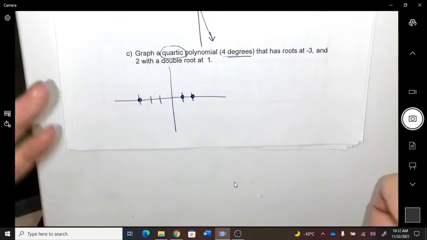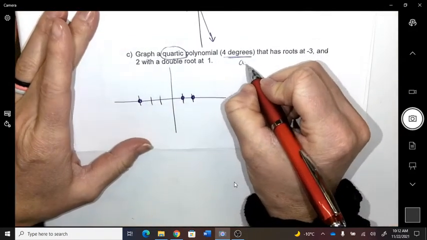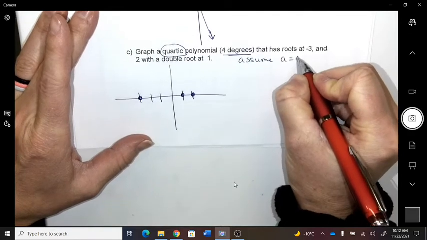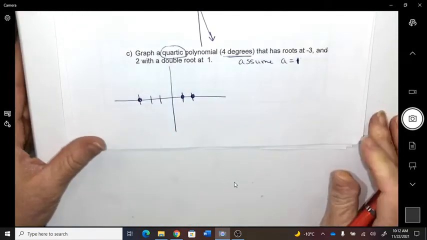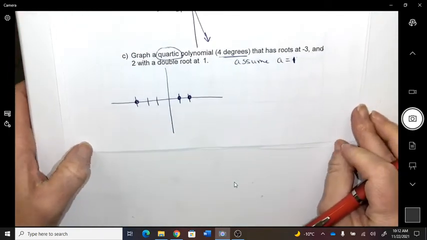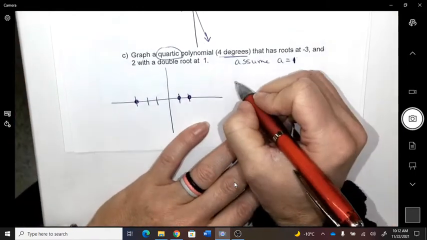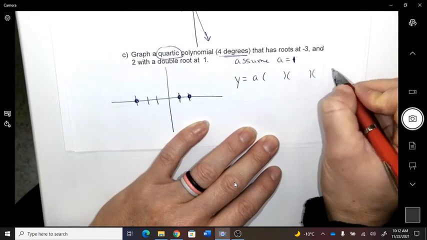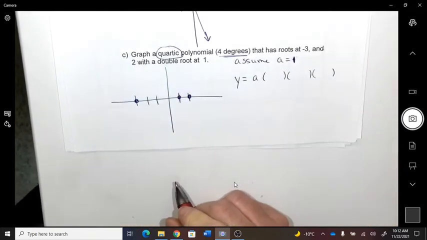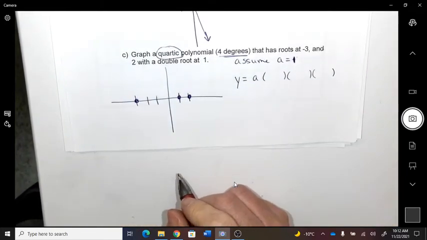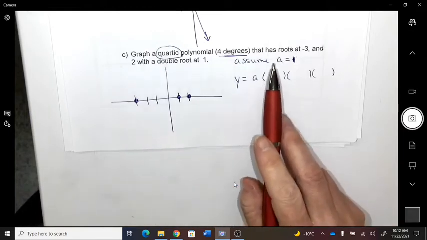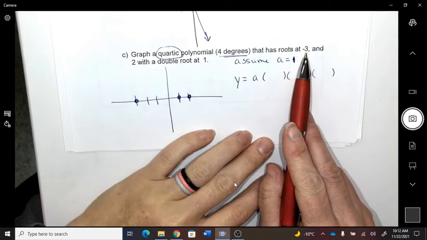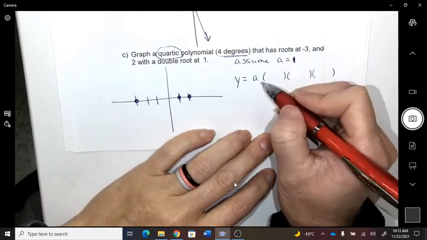So we're going to assume the leading coefficient equals 1. Okay. If there was a root at -3, what was the factor?